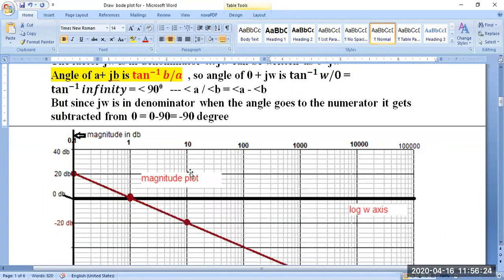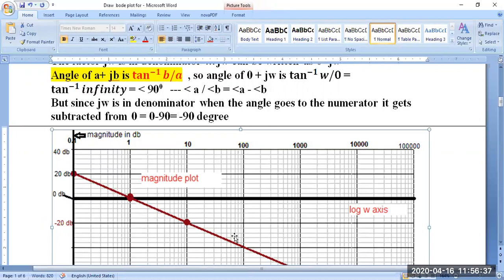So this is minus 20 dB, and the intersection with 10 will be this point. Connect all the points and draw a straight line. This will be the Bode plot for one pole at origin, and this will be called the magnitude plot.